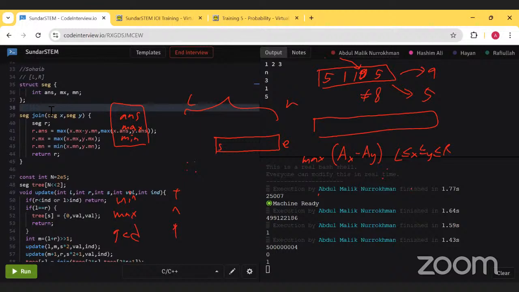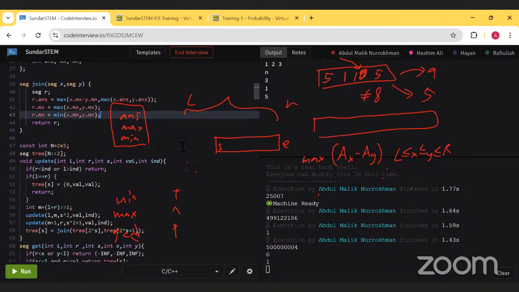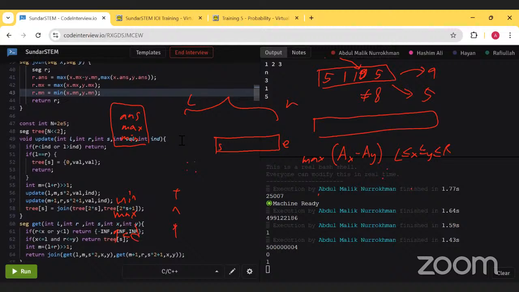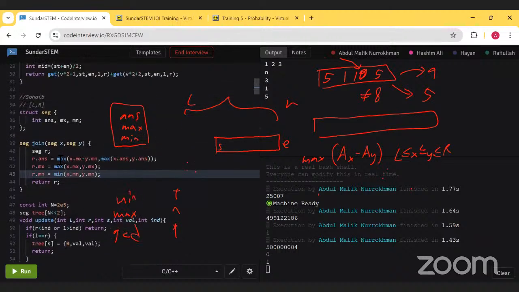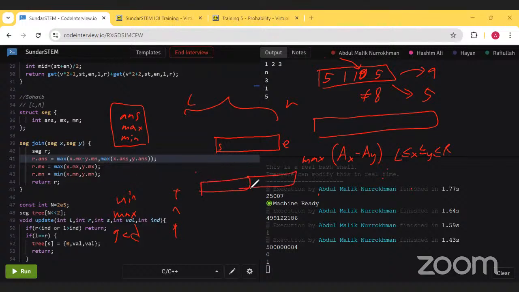All right. After that, yeah, why is the formula like this? Where did it come from? Because if we join two cases, there will be three cases here. The case where all of the x and y are here, or x and y here, or x here and y here.